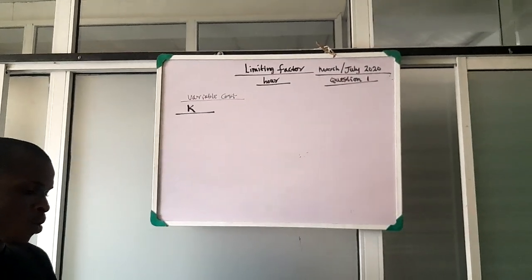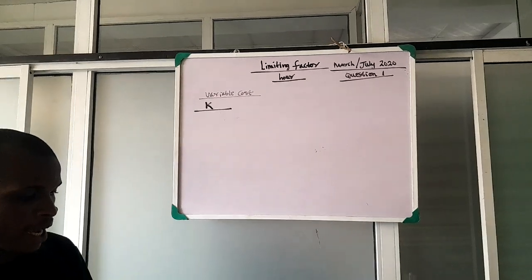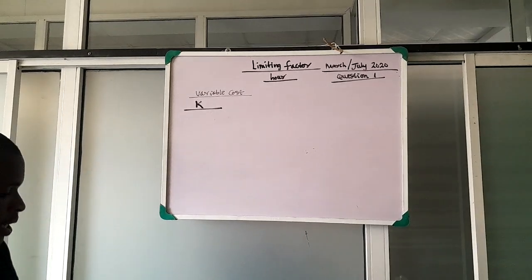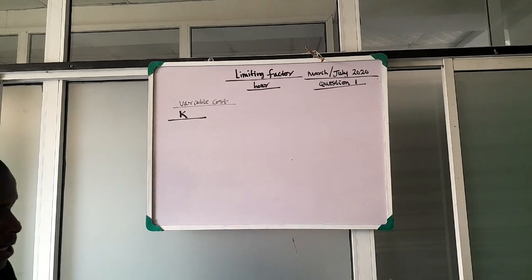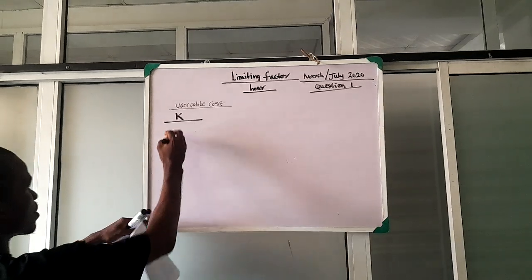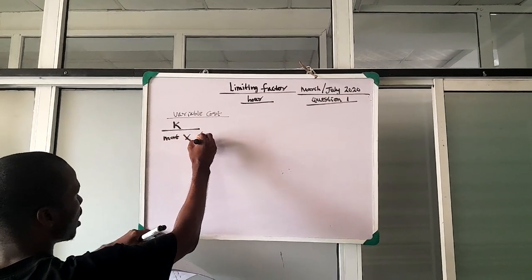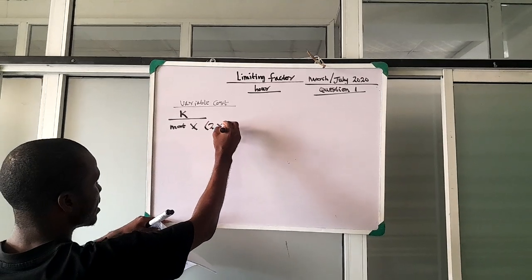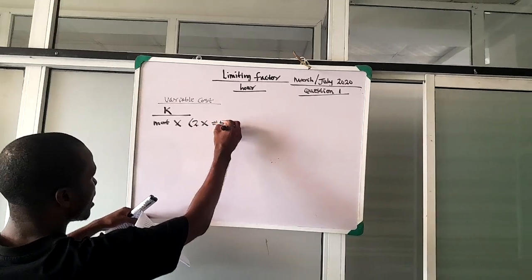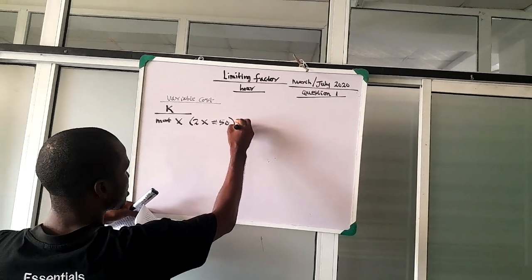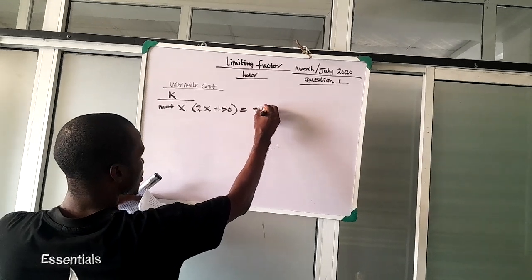But they say the maximum quantity of material X available is 136,000. The material is purchased at 50 naira per kg. So material X will have 2 times 50 naira per kg, equal to 100 naira.